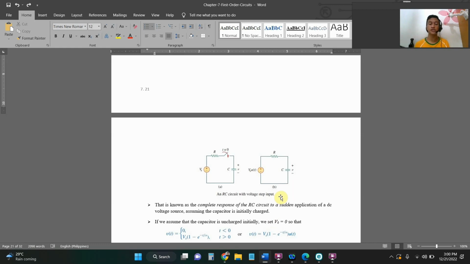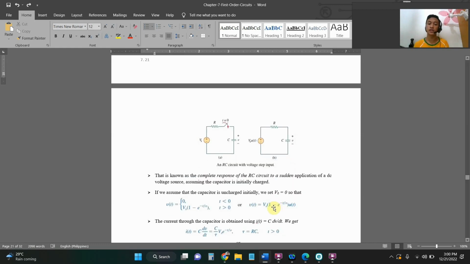Assuming the capacitor is initially uncharged, so V(0) is equal to 0. In that way, v(t) is 0 for t less than 0.